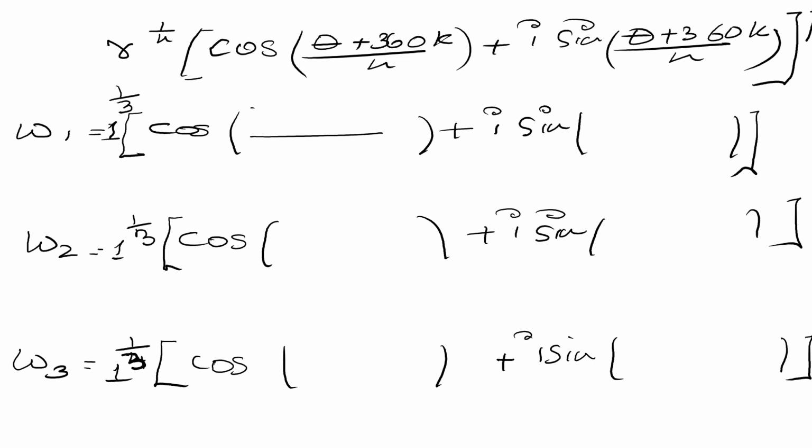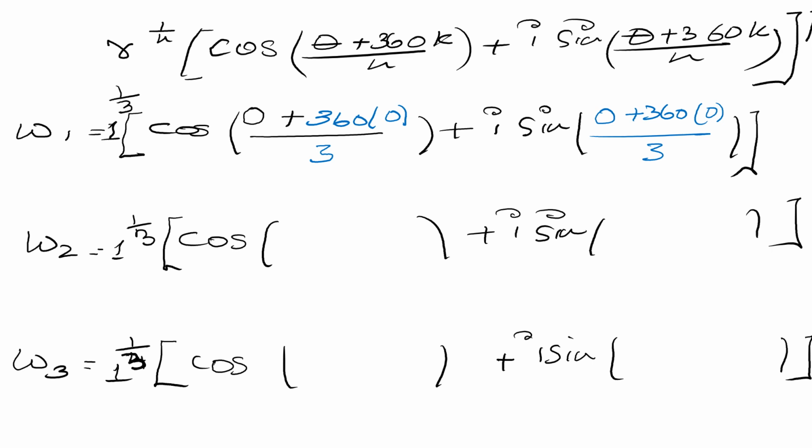We find it out, that is 0 plus 360. So keep the 360 as it is. Now the first value of k is 0 divided by n. N is what? 3. Now here also write the same thing, 0 plus 360 times 0 over 3.